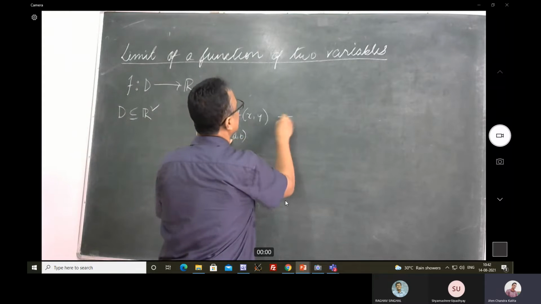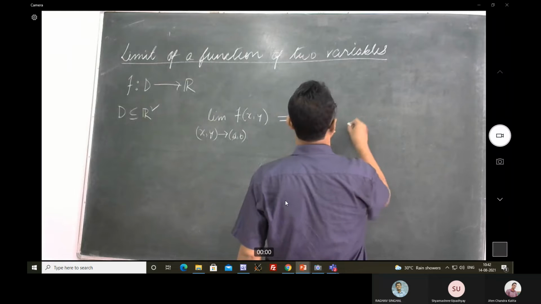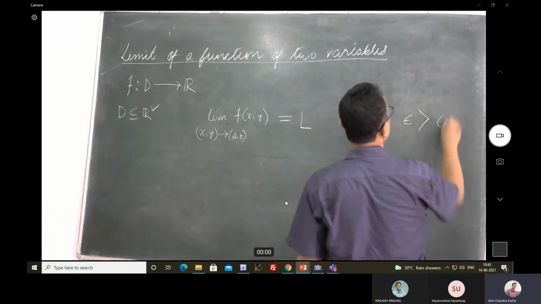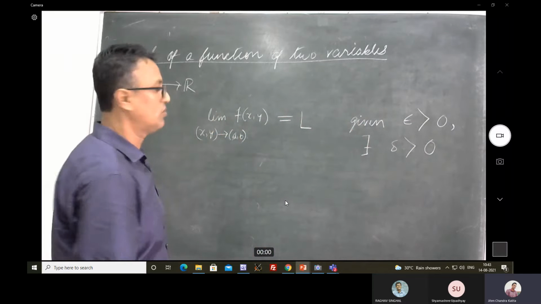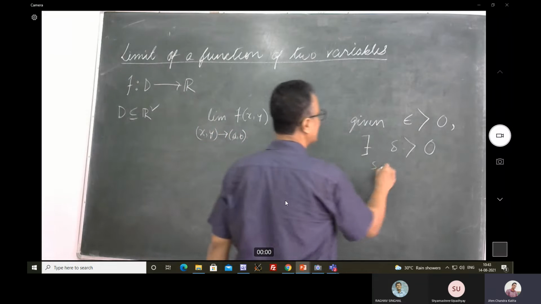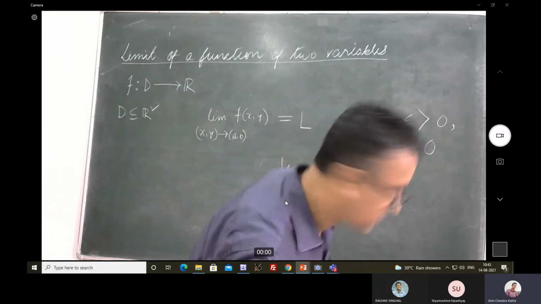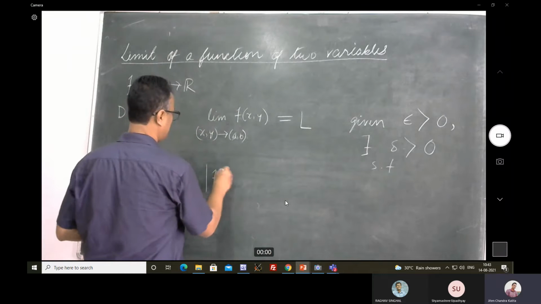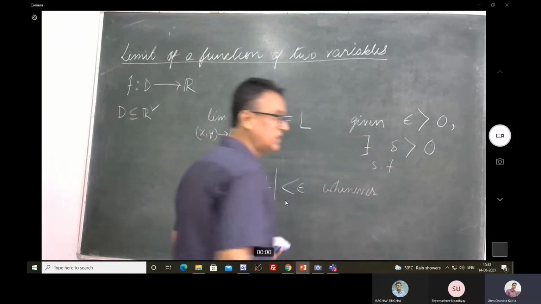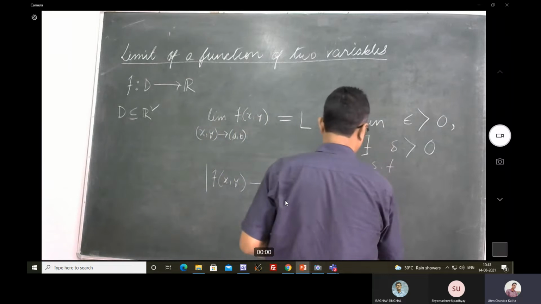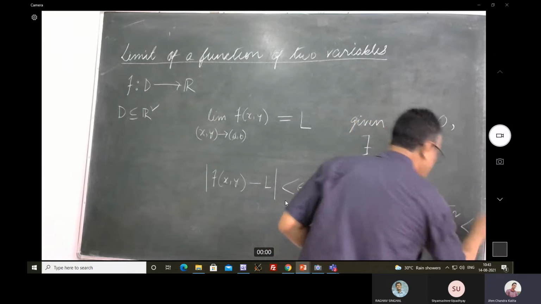I say that this limit is equal to L when, given some very small positive number epsilon greater than 0, however small, you can find some delta greater than 0, which is of course another very small number, such that the mod of f of xy minus L is less than epsilon whenever the distance of xy from AB is less than delta.